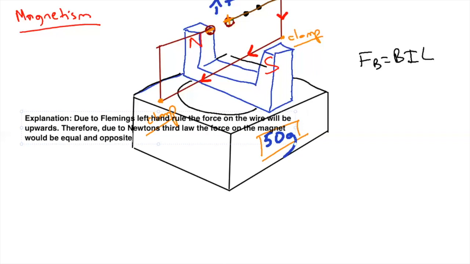And opposite, which is downwards, right? So in the brackets, you can write downwards. And so the reading on the balance increases.